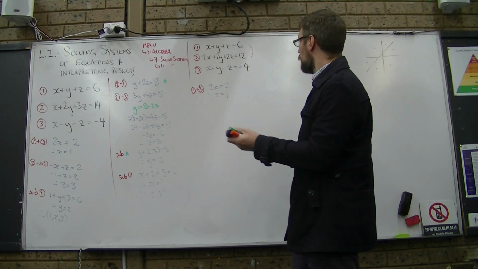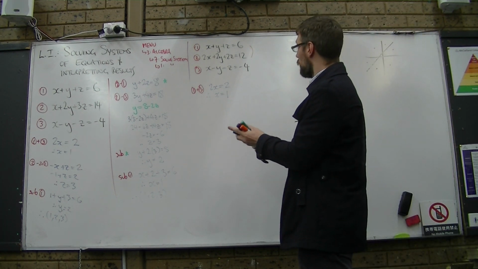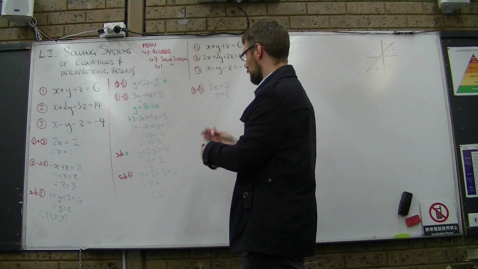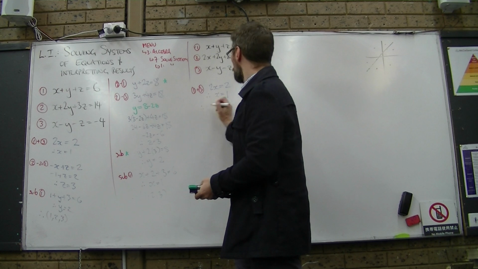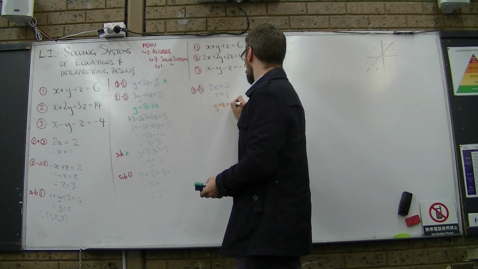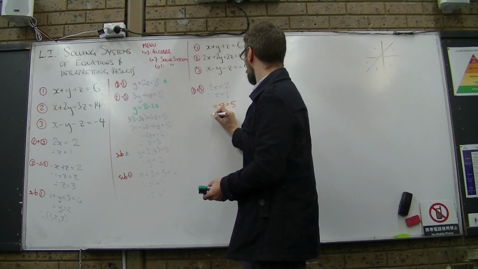Okay, great. After that, what have we got? Therefore, y plus z equals 5 from that, and minus 1.